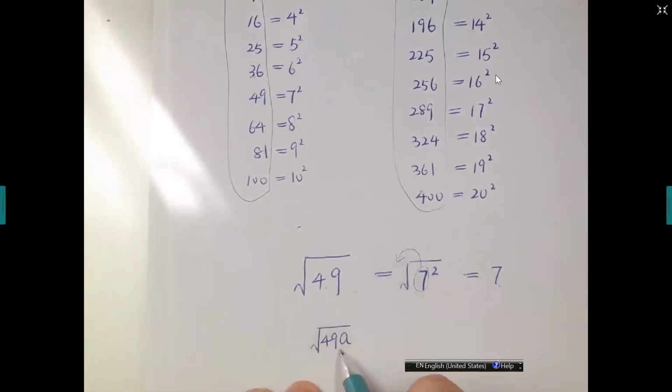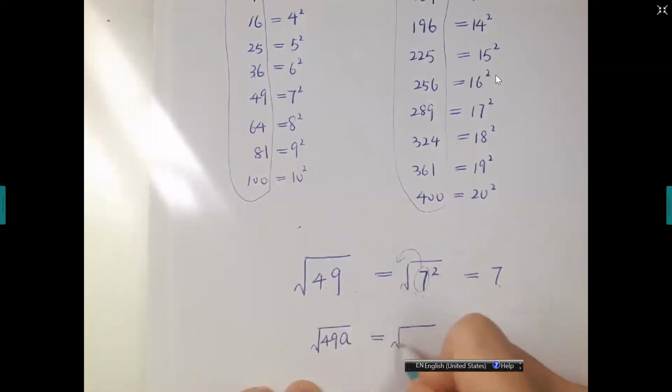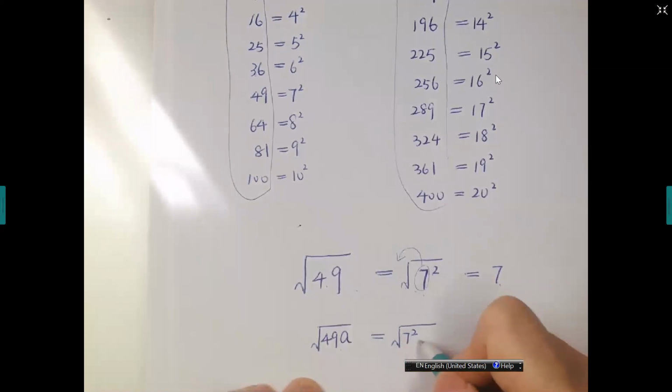So 49a, radical symbol, the square root of 49 times a. How can we simplify it? We have done this, 49, that's 7 squared. We write 49 as 7 squared. What is a? A is a. We can do nothing with it, so a is still a.